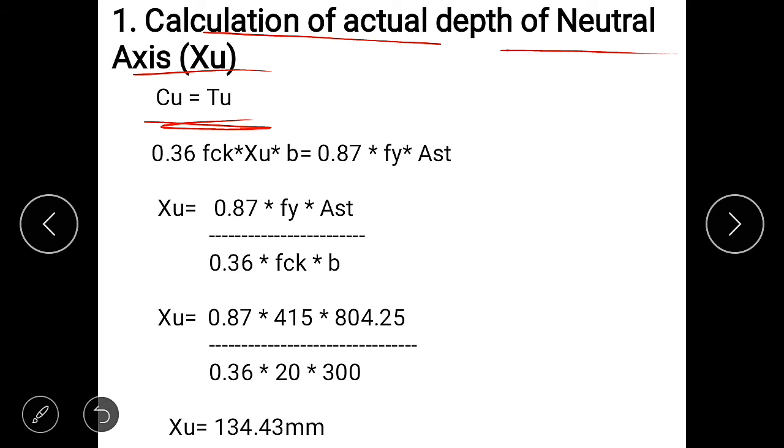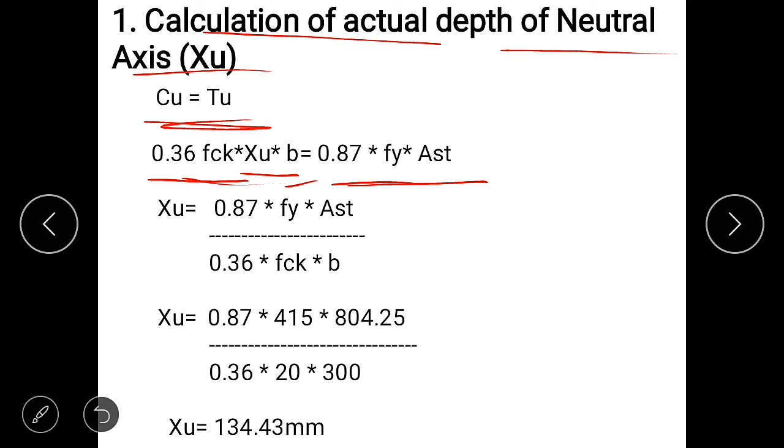For Cu, the formula is 0.36 FCK into XU into B, and for Tu the formula is 0.87 Fy into AST. How does this formula come? In part 1 we already studied this, so directly we consider the formula. Cu is equal to Tu, so 0.36 FCK into XU into B is equal to 0.87 into Fy into AST.